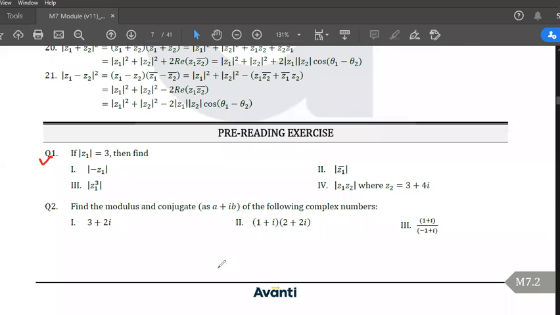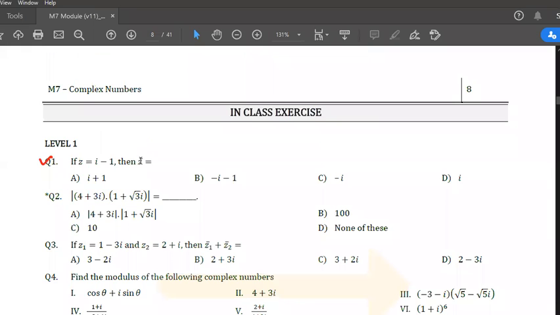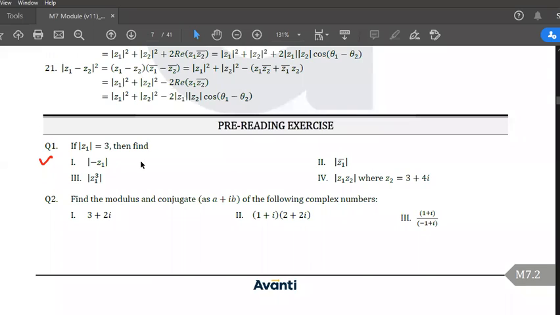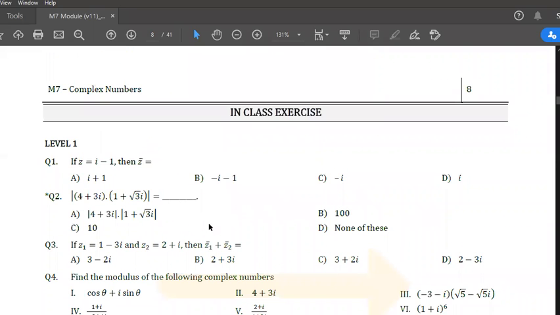Okay, yeah. Question number 1, can you solve easily? ठीक है? Right, very good. Question number 2, can you solve question number 2? I hope you can solve question number 2. We have already solved questions like question number 2. ठीक है? Right?